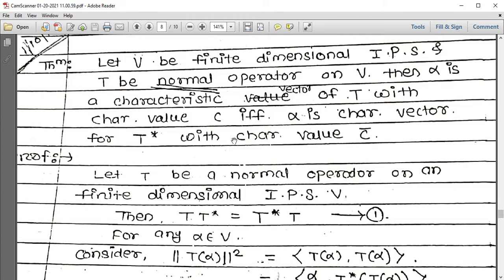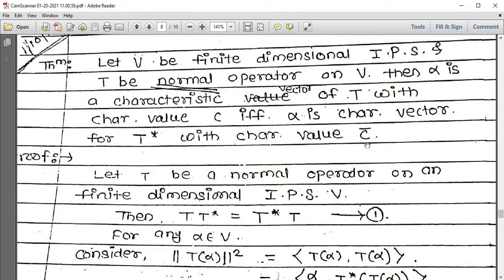Here T is given as a normal operator on V.